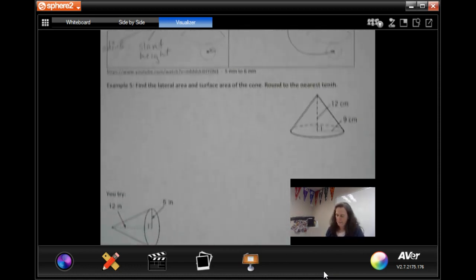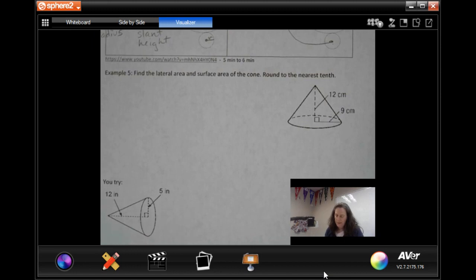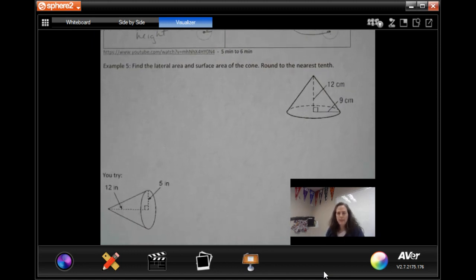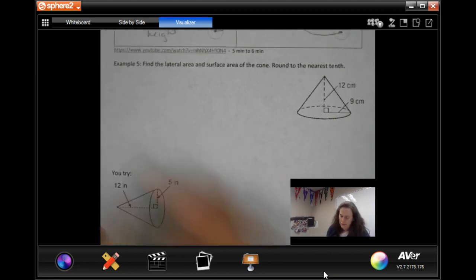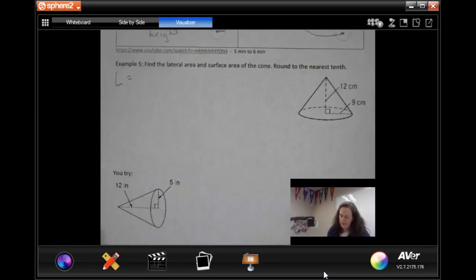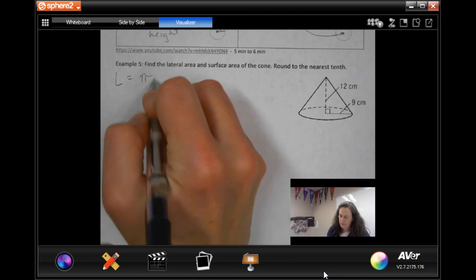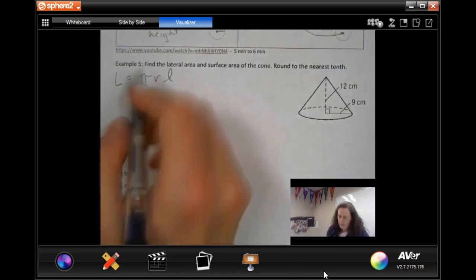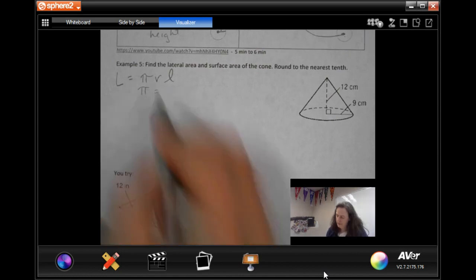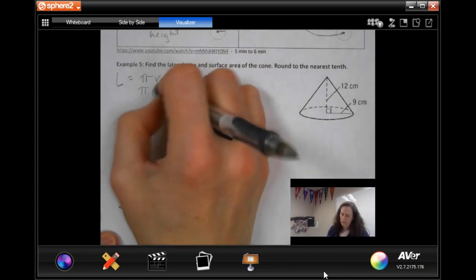Let's try this. Number 5, it says find the lateral area and the surface area of the cone, rounding to the nearest tenth. So lateral area is pi times the radius times the slant height. So pi, now did they give us a radius? Oops, I put equals.